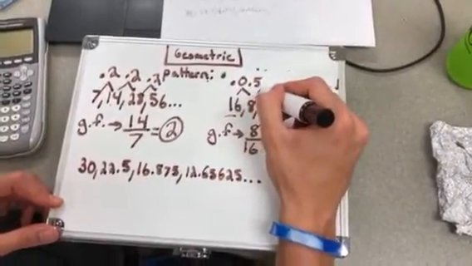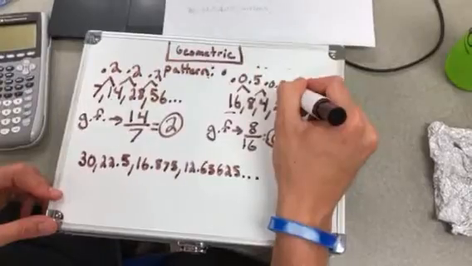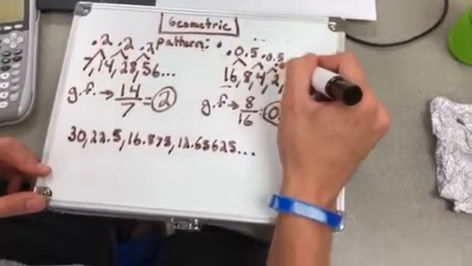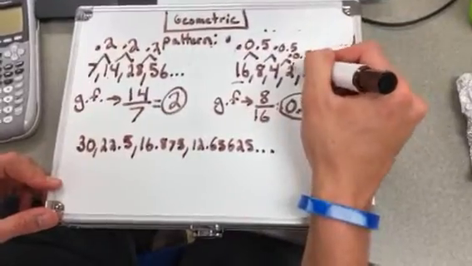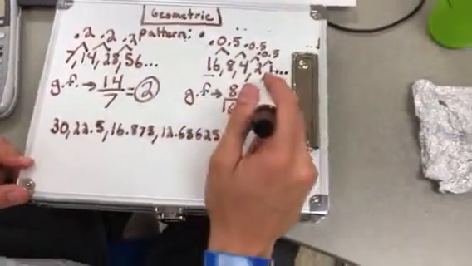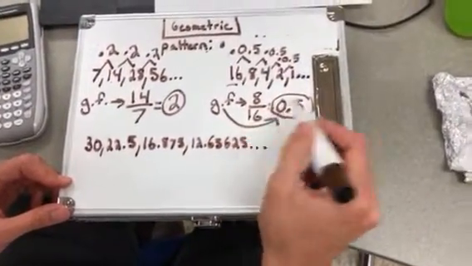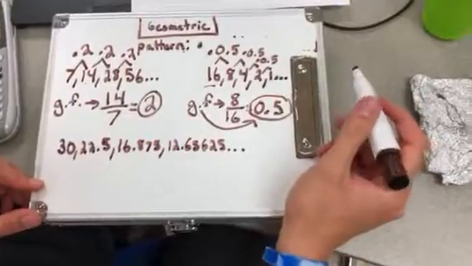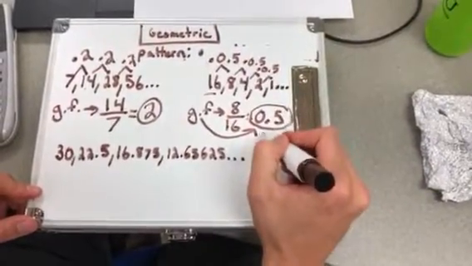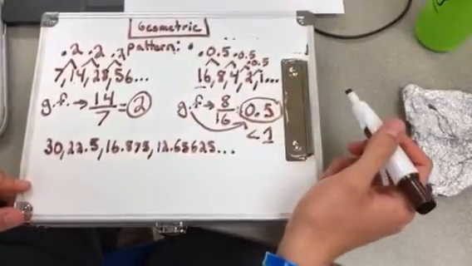I continue the pattern again. 8 multiplied by 0.5 will give me 4. 4 multiplied by 0.5 will give me 2, and so on. And now again, I see that this is a geometric sequence with a growth factor of 0.5, and if we notice, what's happening to our numbers when our growth factor is less than 1? Our numbers are getting smaller.